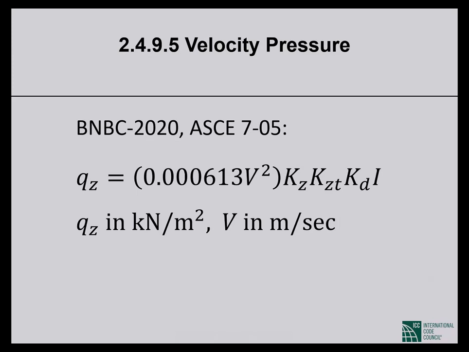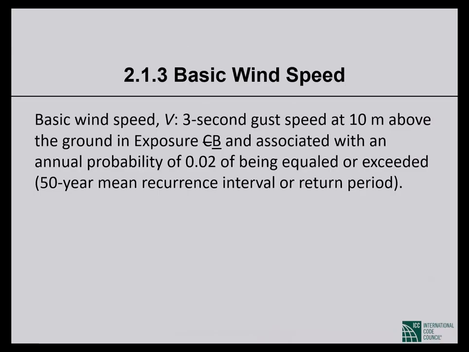Okay. The V, basic wind speed. So from here on, it gets pretty serious. Okay, so the V is 3-second gust speed, first of all. It is 10 meters above ground in exposure B and associated with a return period of 50 years.